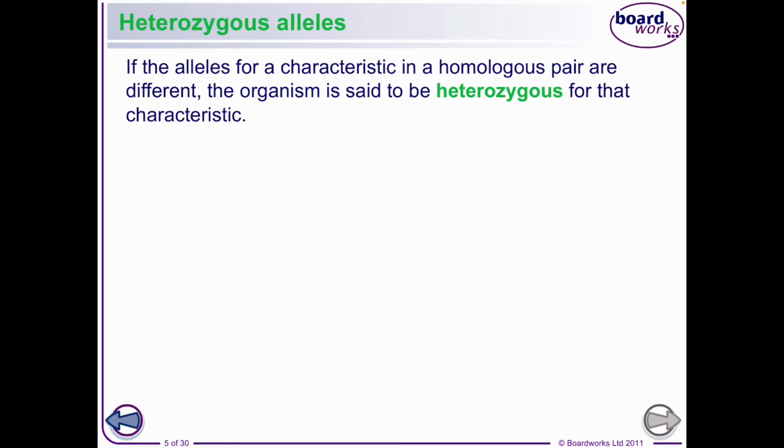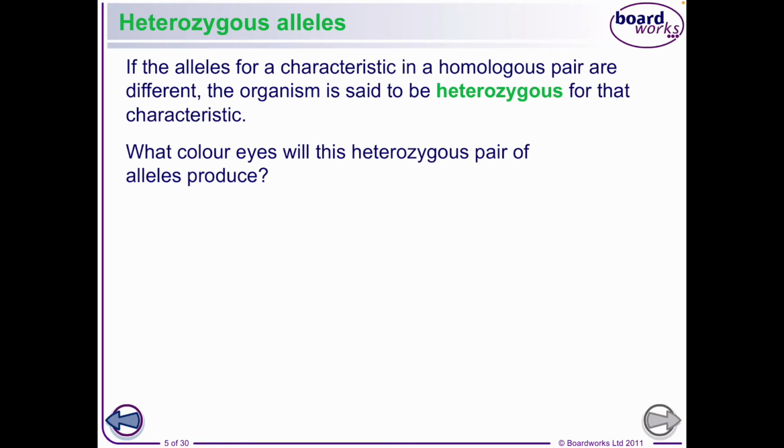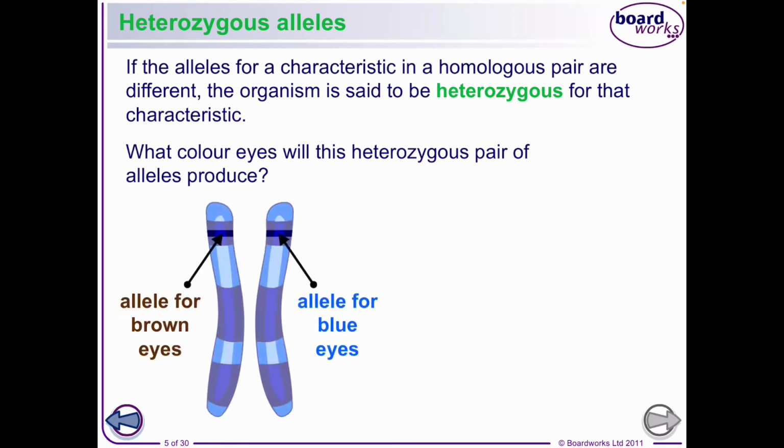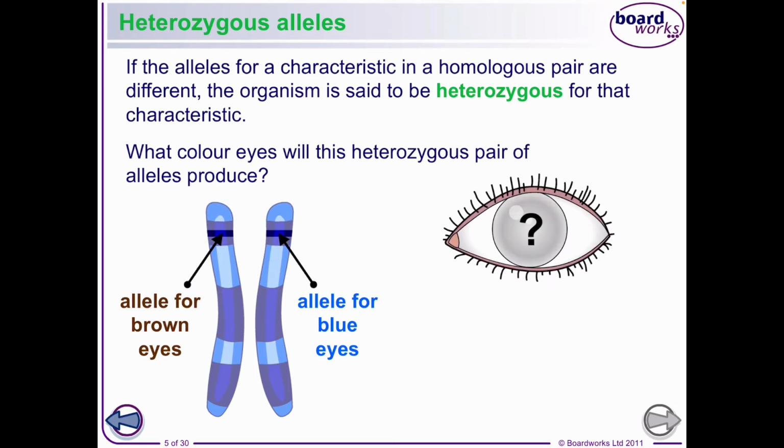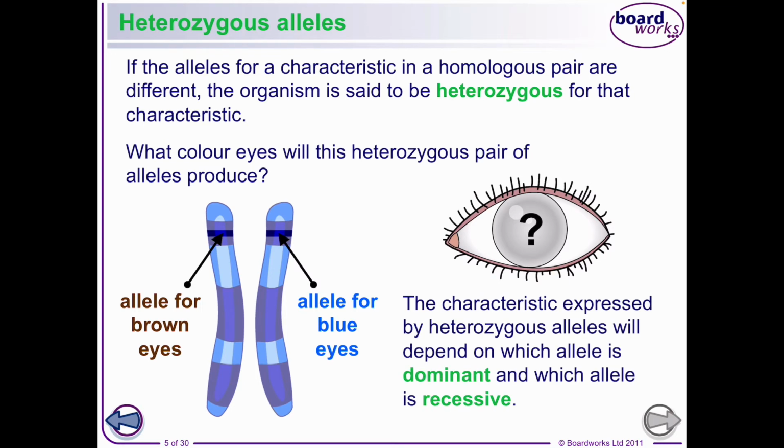What happens though if they have got one copy of the brown eye allele and one copy of the blue eye allele? Well, this is called heterozygous, where you have got two different alleles of the gene. Does this person have brown eyes, or do they have blue eyes?